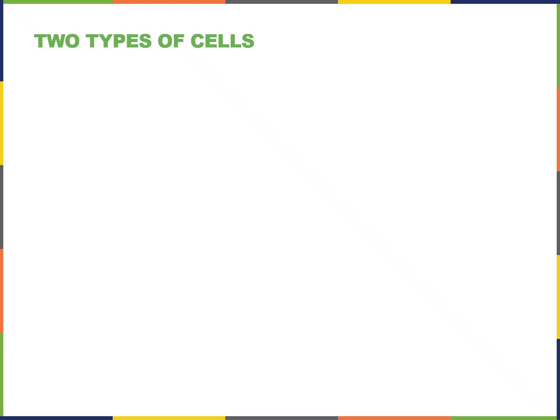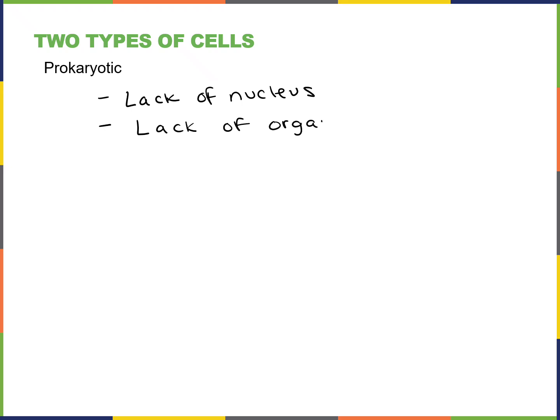There are two types of cells. Prokaryotic cells, you'll know them by their lack of nucleus, by their lack of organelles, and that they are usually bacteria. Okay, so prokaryotic cells are not going to have a nucleus. They're not going to have organelles.